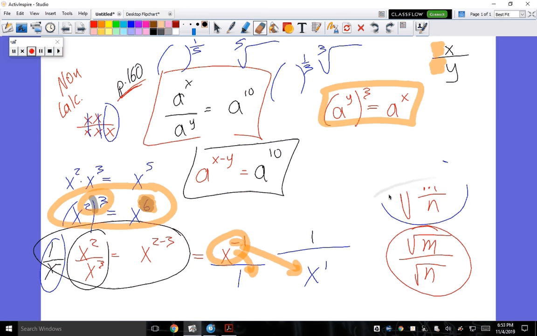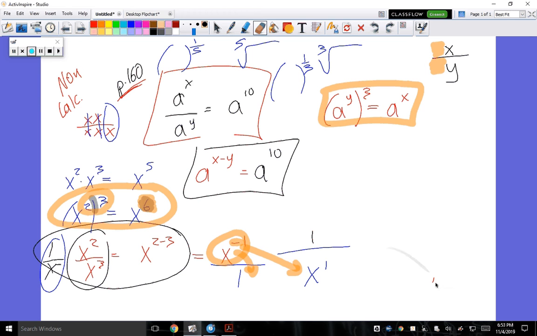And what will a to the power of y raised to the power of 3 become? What will this become? a to the 3y. Yeah, because you're going to multiply. Because again, remember, the easiest way to remember is parentheses separates those. So you will multiply. So now it is equal to a to the x.